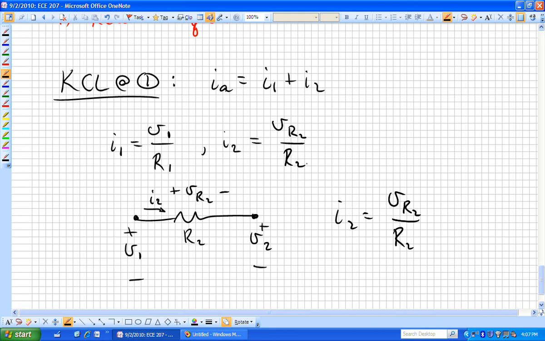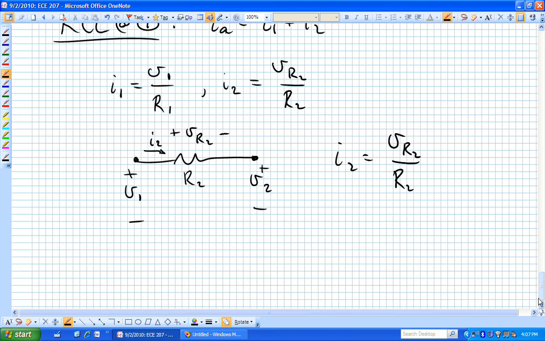But I need to write my equations in terms of V1, V2, and V sub 3. I need to find V sub R2 in terms of V1, V2, and V3. Can you see how I might do that?